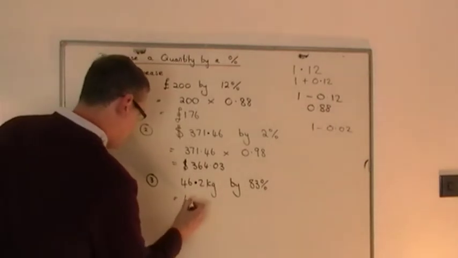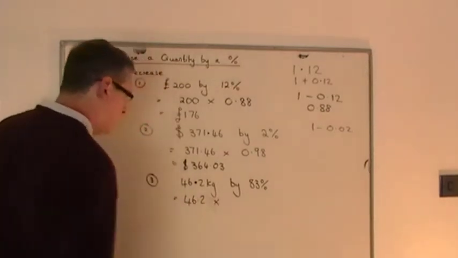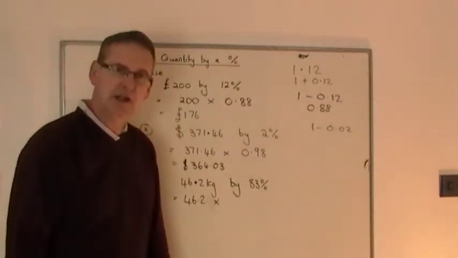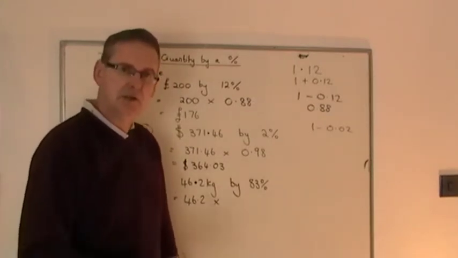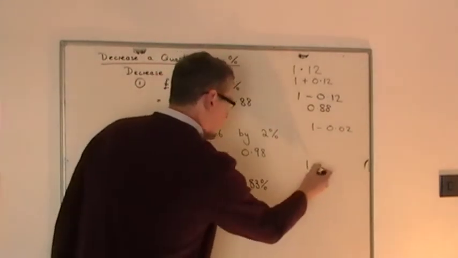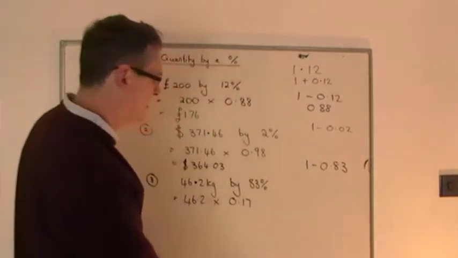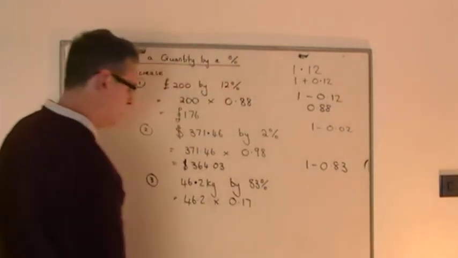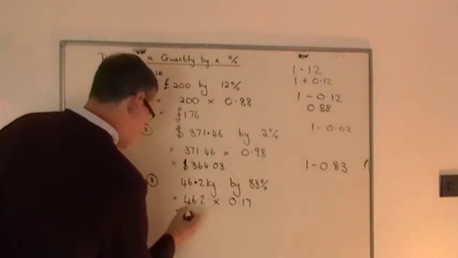So you just simply take the 46.2 kilograms, don't need to put the kilograms in the calculation, and you're going to multiply it by, well, increase by 83%, you'd multiply by 1.83. Decrease, you're going to multiply simply by 0.17, because it's like 1 minus 0.83. That's a subtraction of 83%. So you get 0.17.